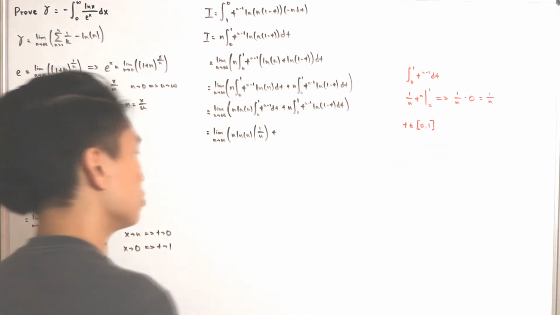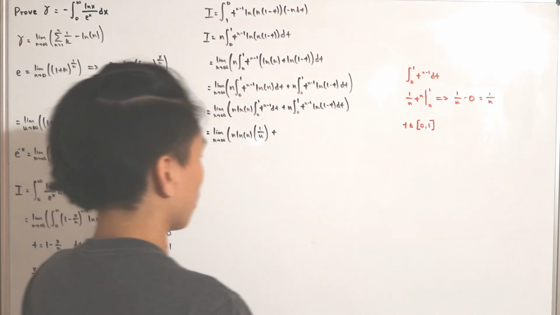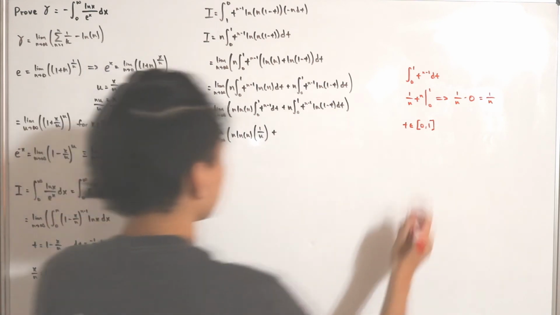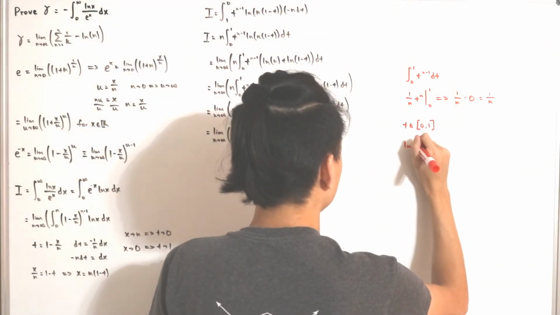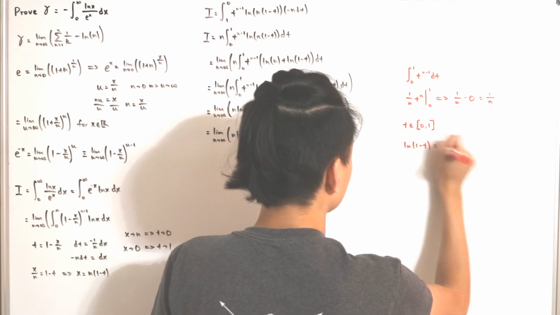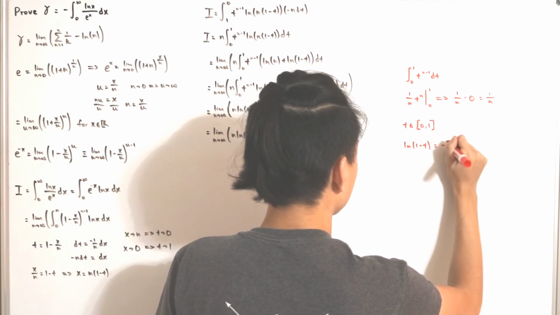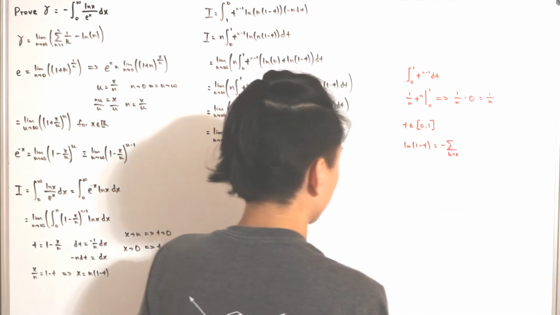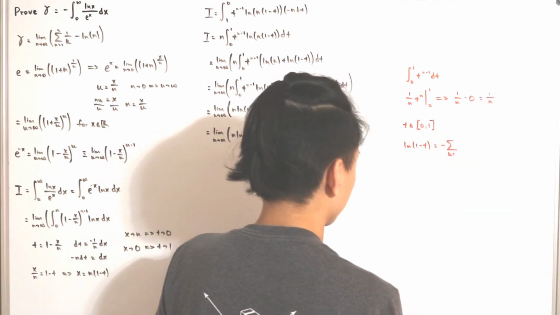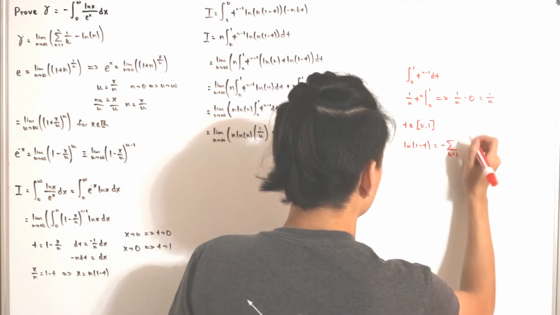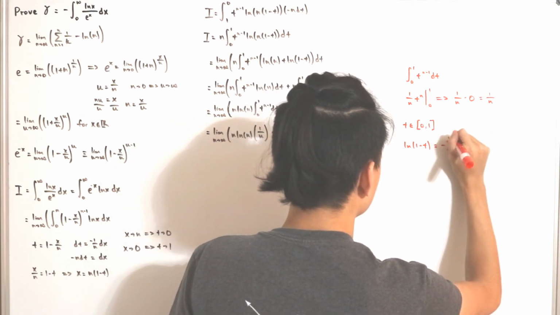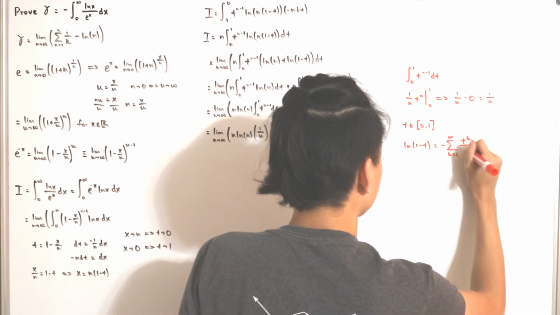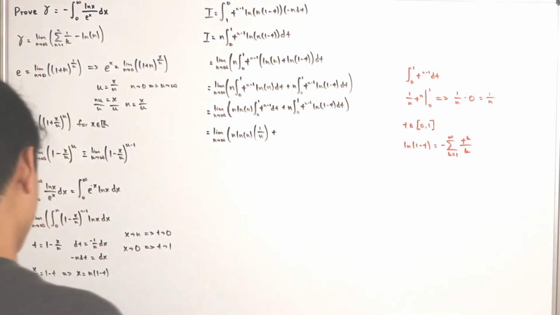We can actually use our definition of the Taylor series and expand the natural log of 1 minus t as the following. So ln of 1 minus t is equal to the negative summation from k equals 1 to infinity of t raised to the power k divided by k.